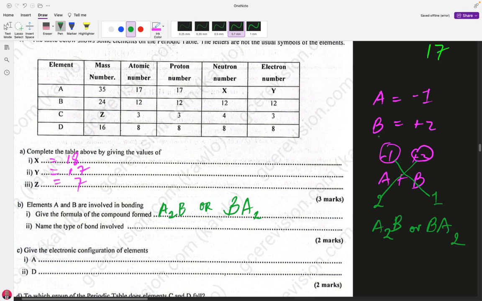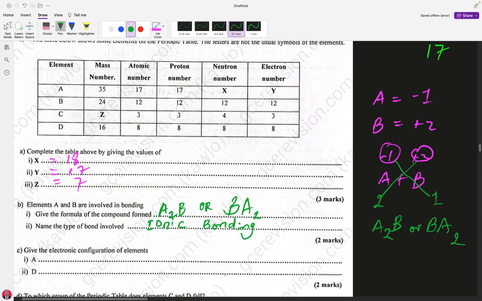So the bonding there is ionic bonding, or what we call electrovalent bond.